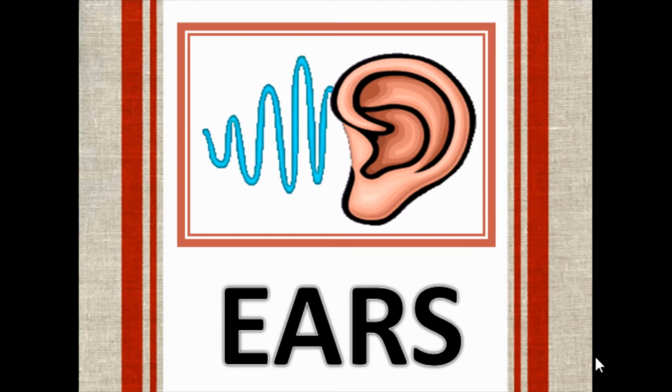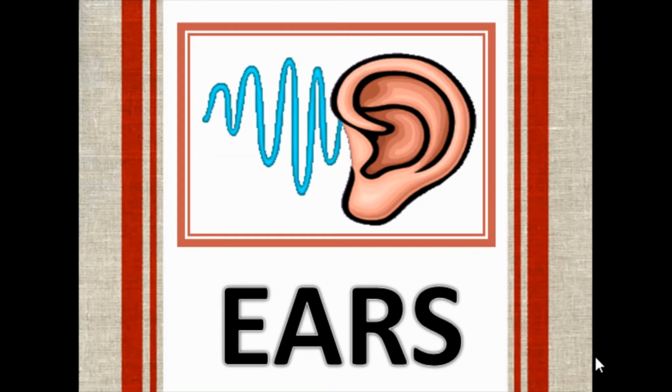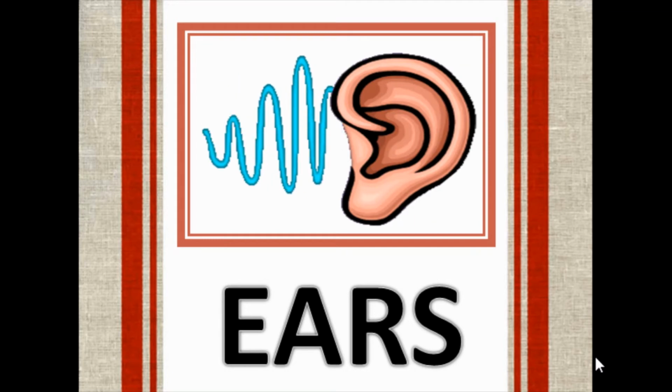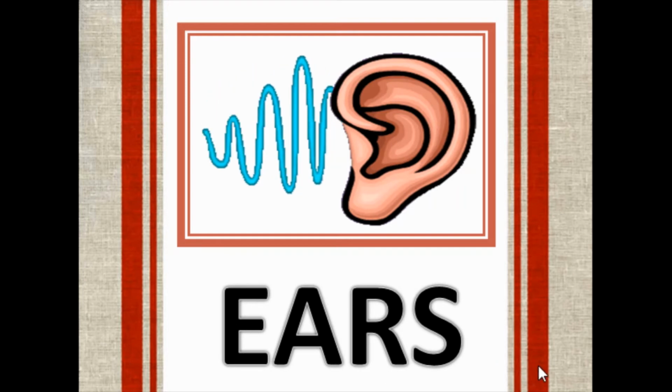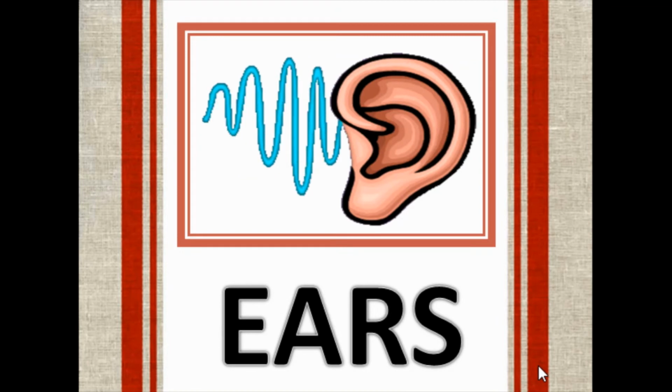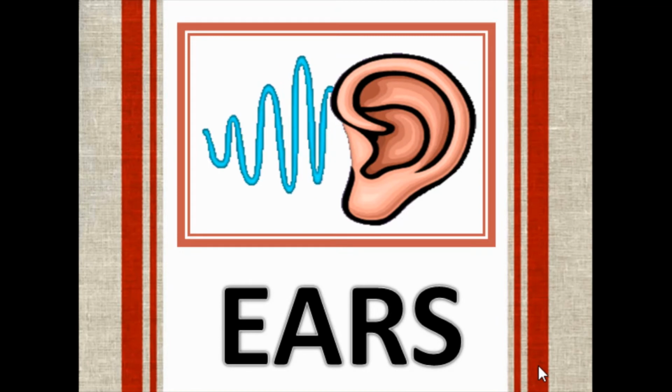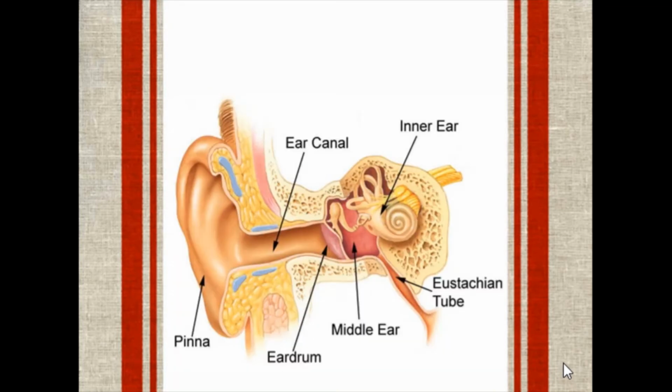Our ears are for the sense of hearing. We can hear music, we can hear people talking, that's because our ears are functioning. Just like the eyes, our ears also have different parts. Kindly look at the illustration.